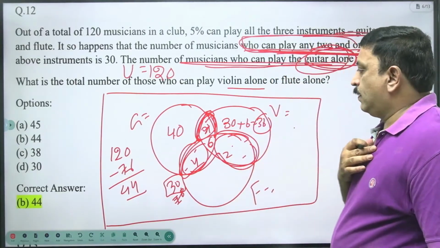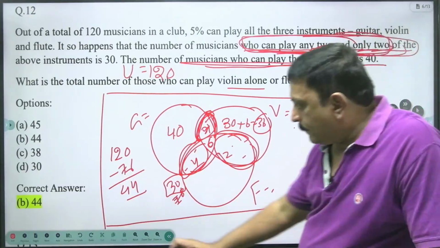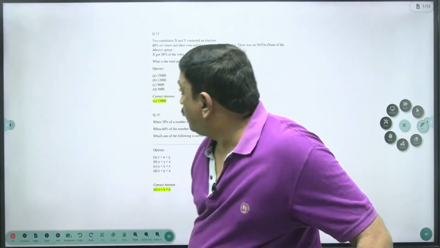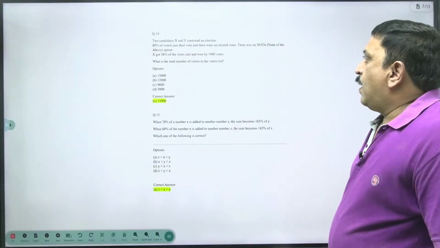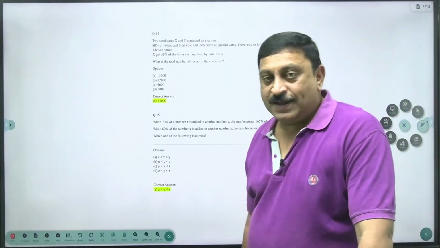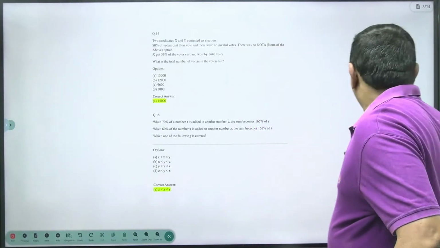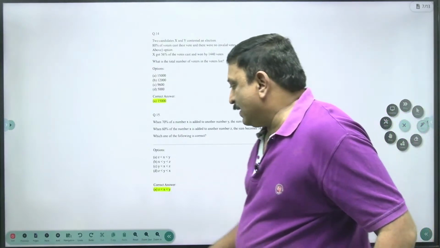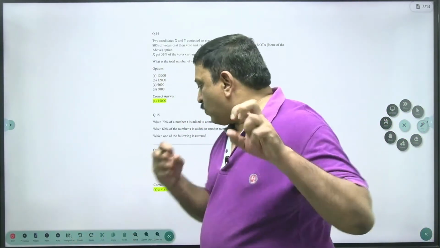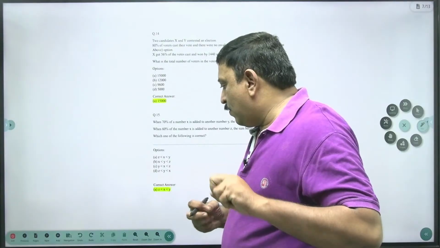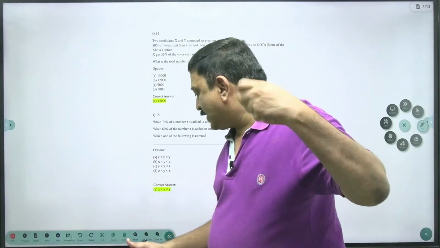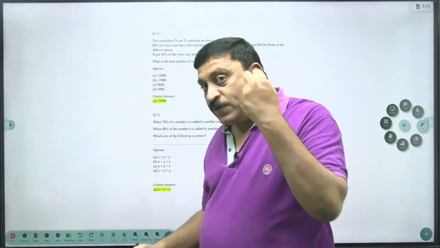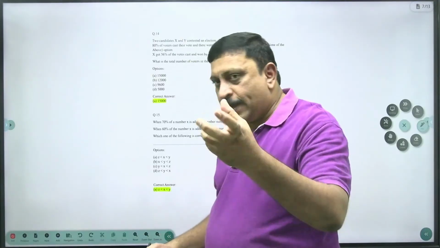Okay, then next one. Now come to the case of percentages. So see, choosing a question, what the UPSC examiner thought, I am choosing from their previous questions, selectively. Why?